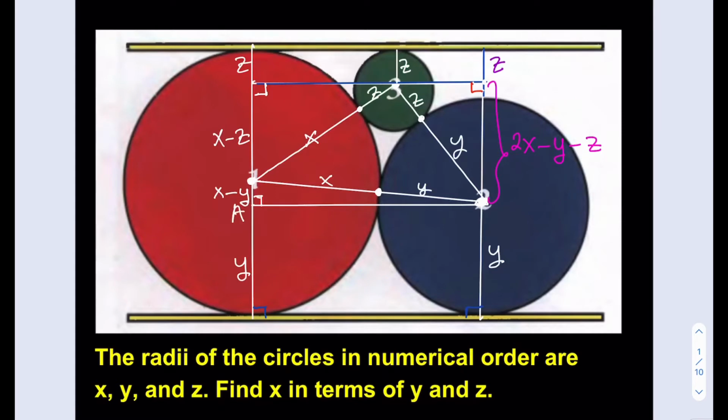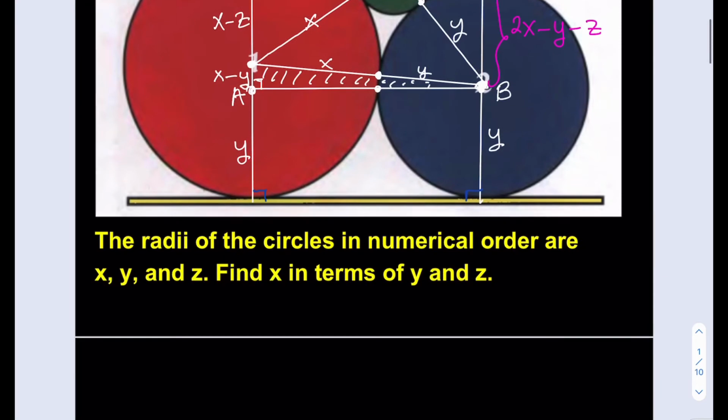All right, so let's call this point A, and let's call this point B. My goal is basically to use the length of segment AB, okay? And I can find that length by using this tiny right triangle here, okay? So let's go ahead and write down the Pythagorean theorem on AB, and that's going to look like AB squared plus (x minus y) squared is equal to (x plus y) squared.